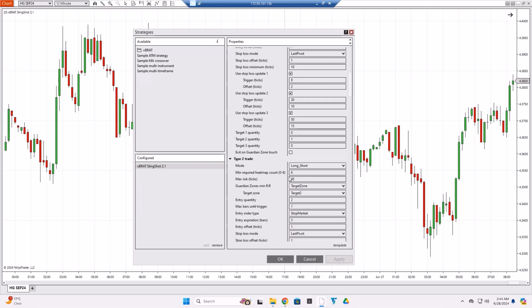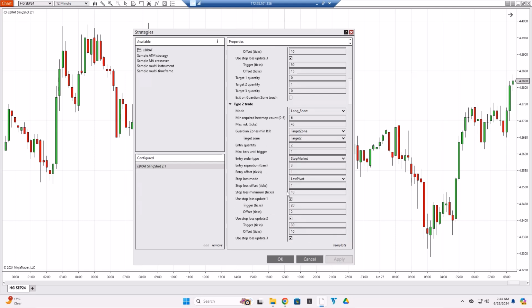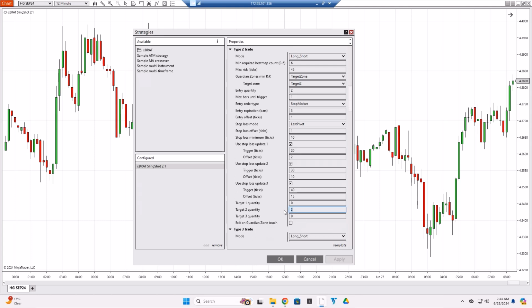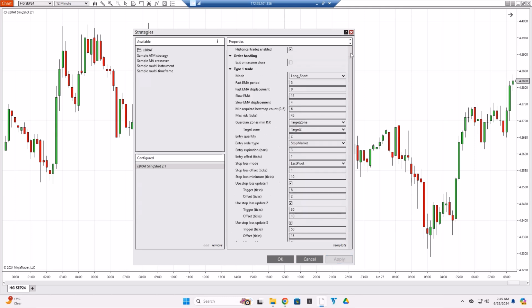So what I want to do this time is take one off at target 2 and put one at target 3. Exit on Guardian Zones is already disabled on type 2 trades when I optimized it for one contract.